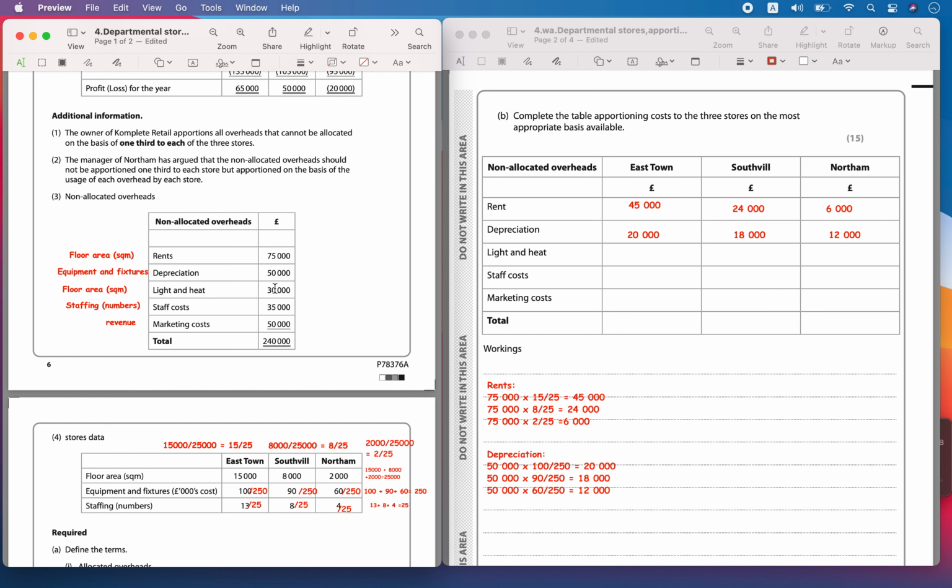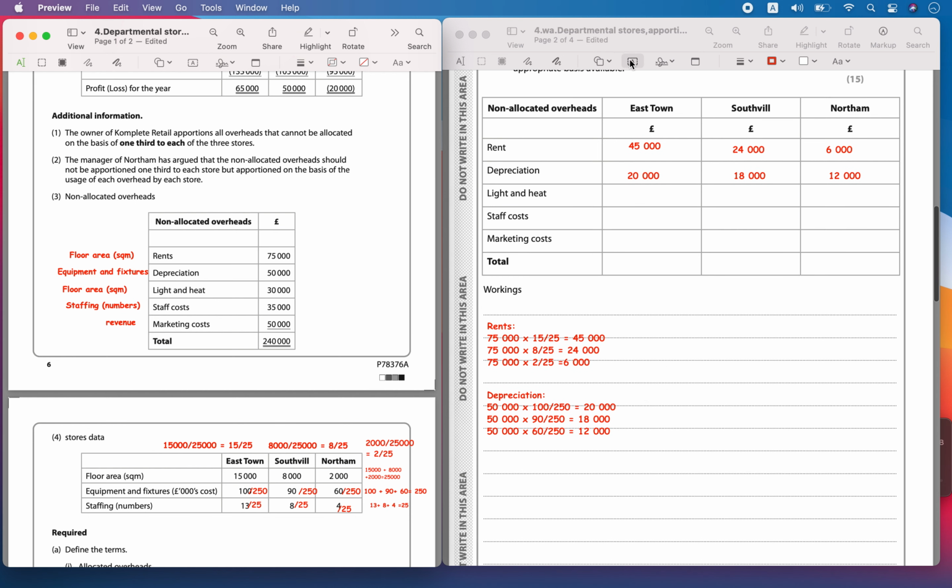Then the light and the heat is 30,000. This is split based on the floor area it occupies. So let's write for that. Light and heat. The total cost to be split is 30,000 times the area.